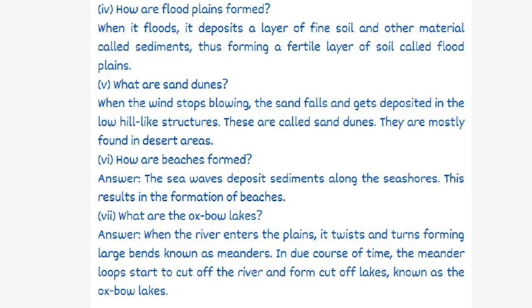Sub-question 7. What are oxbow lakes? Answer.